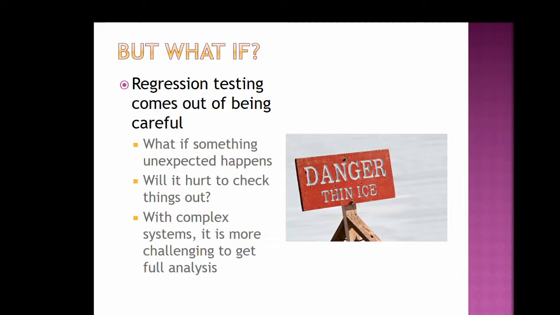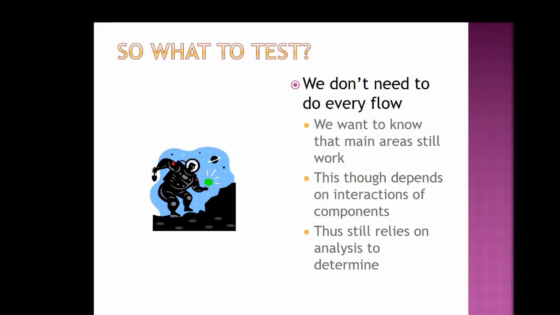And the more complicated your system is, the more likely you're not going to be able to analyze, certainly not with certainty, that something broke. And that's where automated regression testing is really great, because you can often skip to the results and not have to go through all the analysis of, hey, everything should be working this way or that.